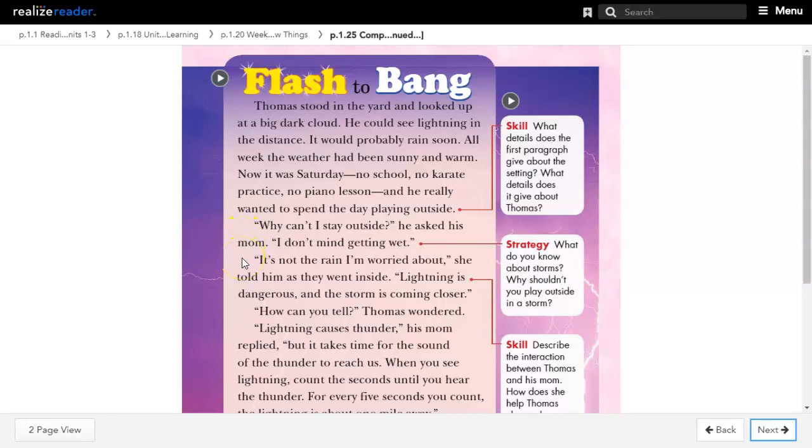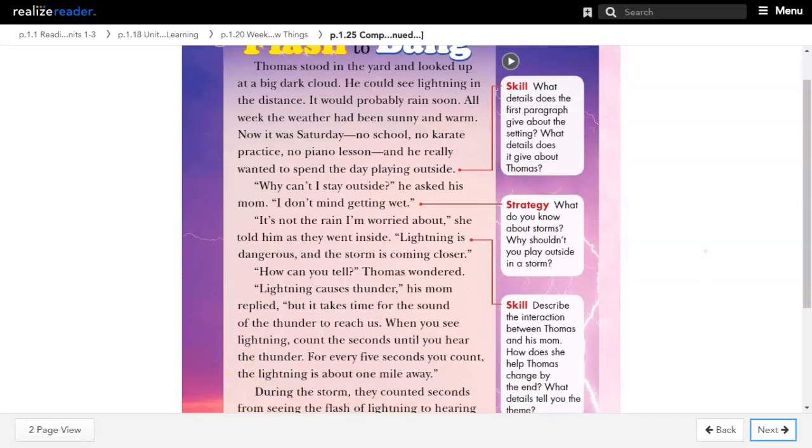"It's not the rain I'm worried about," she told him as they went inside. "Lightning is dangerous, and the storm is coming closer." "How can you tell?" Thomas wondered. "Lightning causes thunder," his mom replied. "But it takes time for the sound of the thunder to reach us. When you see lightning, count the seconds until you hear the thunder.